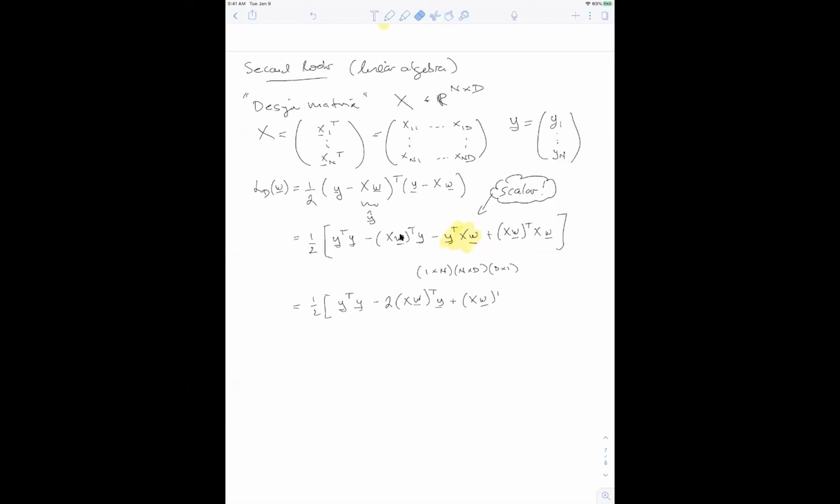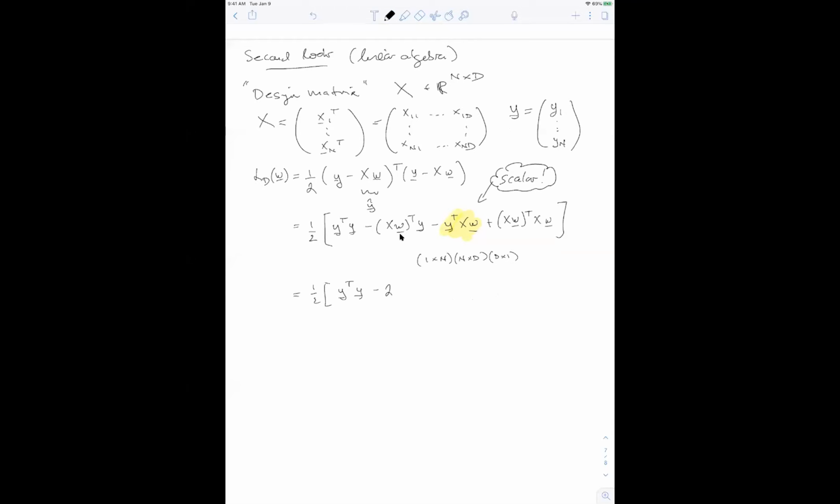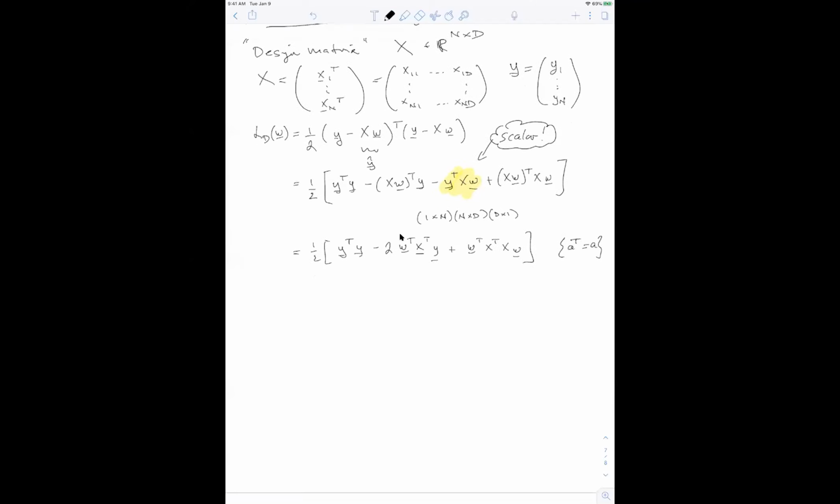I'm also going to simplify this transpose at the same time. Okay. So this is using the fact that the transpose of a scalar is a scalar. And now I'm ready to take the derivative of this.